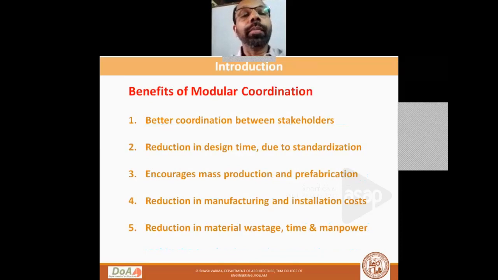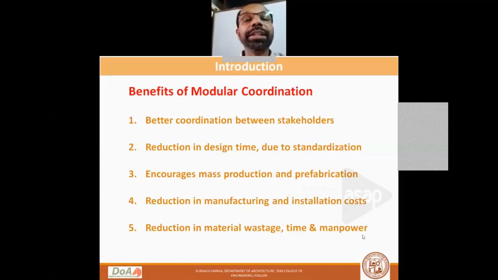One benefit of modular coordination is that it improves the coordination between stakeholders. Every time you don't have to give instructions, because with a set of early given instructions, you can coordinate the entire building construction process, because everything is set to a pattern or a coordinated system. So it gives better coordination between stakeholders.